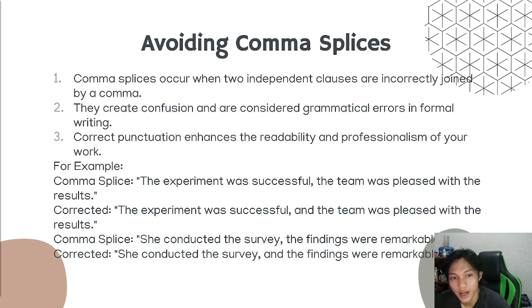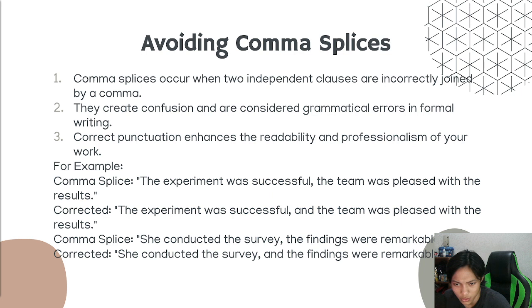Next, comma splices. It appears when two independent clauses are incorrectly joined by a comma. It makes things really confusing, and it's considered a grammatical error in formal writing. For example, "The experiment was successful, the team was pleased with the result."